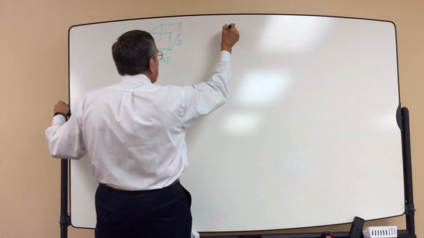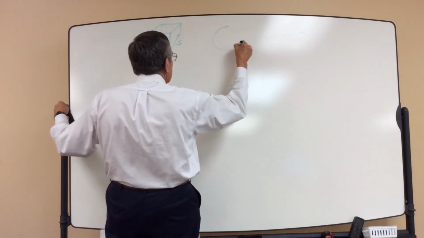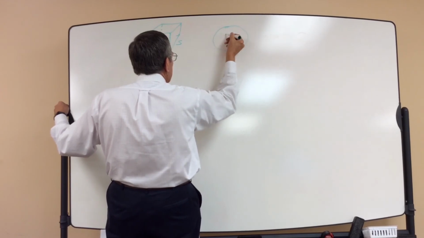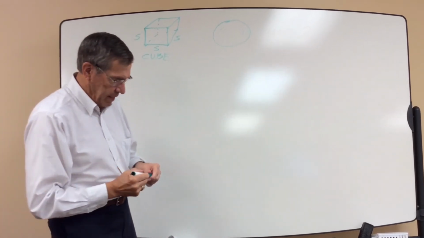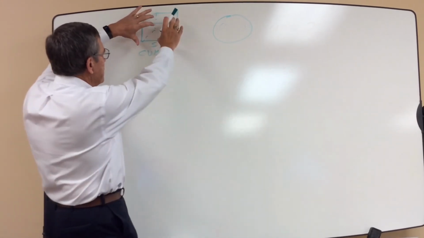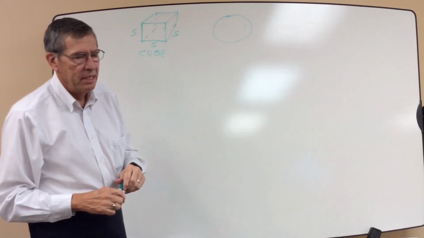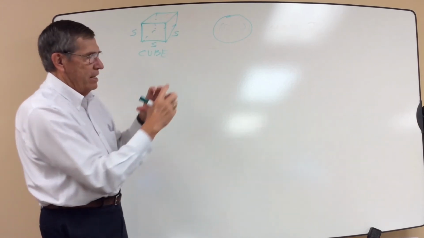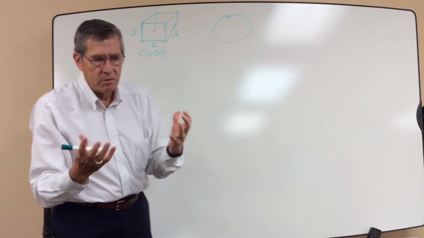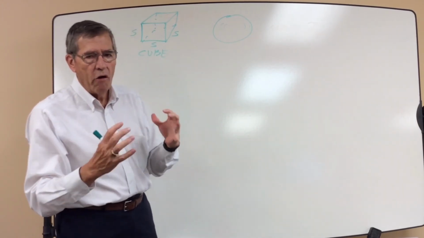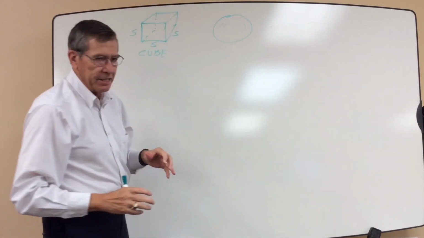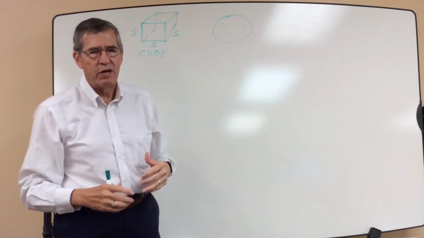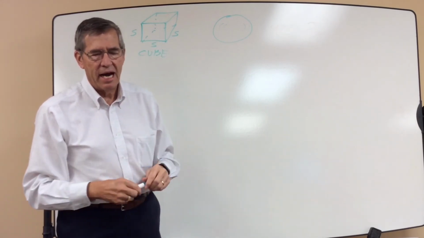So I'll draw a circle to represent the sphere, and I'll put a little shading to indicate that there are 3 dimensions involved. Okay? So think about a box with equal sides, and we're going to take a spherical balloon, like you might have at a party, and blow it up so that it just touches all the sides. So we're going to put the biggest sphere we can inside that cube.